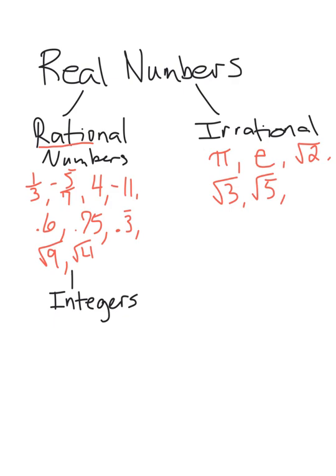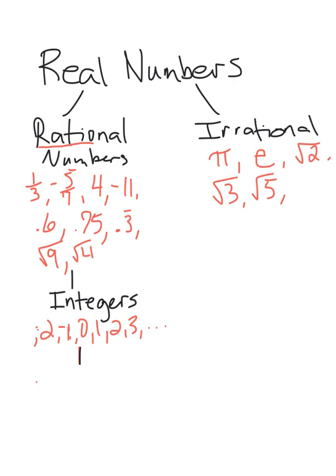So that would be things like 0, 1, 2, 3, and so on, continuing forever in that direction, but also their opposites, so I'm also including the negatives, -1, -2, -3, and so on in that direction. So those are integers.